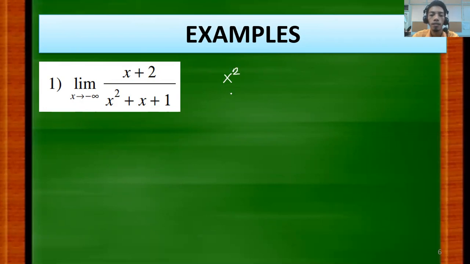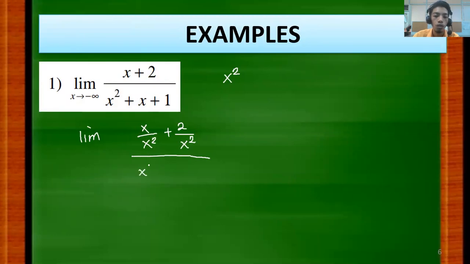So ang gagawin daw natin sa step 1 ay i-divide natin ang lahat ng expression sa x squared. So we will have the limit of x over x squared plus 2 over x squared, all over x squared over x squared plus x over x squared plus 1 over x squared, as x approaches negative infinity.